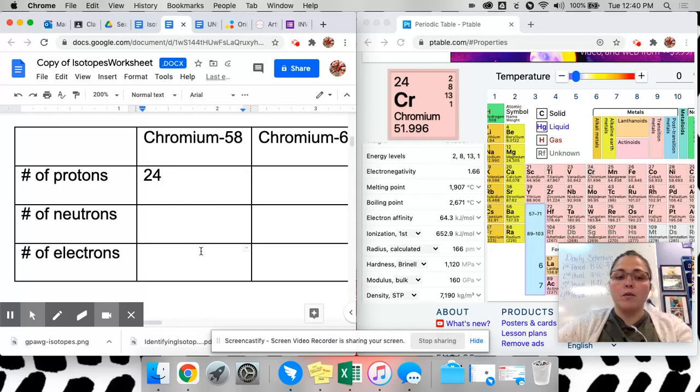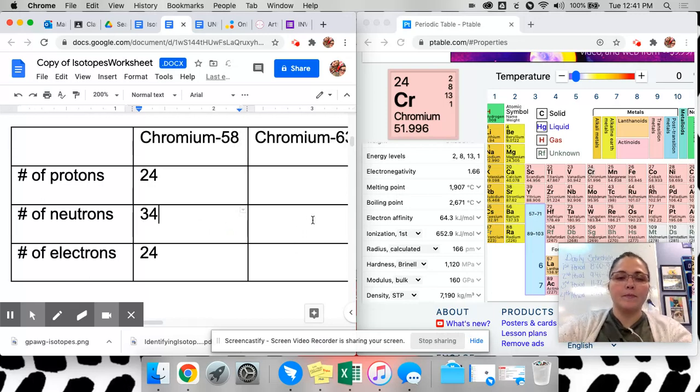Because it has 24 protons, it has 24 electrons. Then I'm going to do mass minus atomic equals neutrons. So 58 minus 24 is 34, right? 58 minus 24, 34 neutrons.